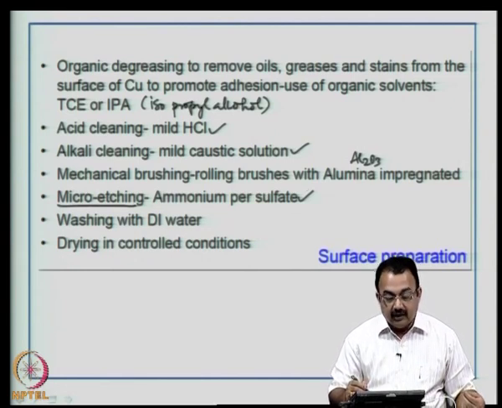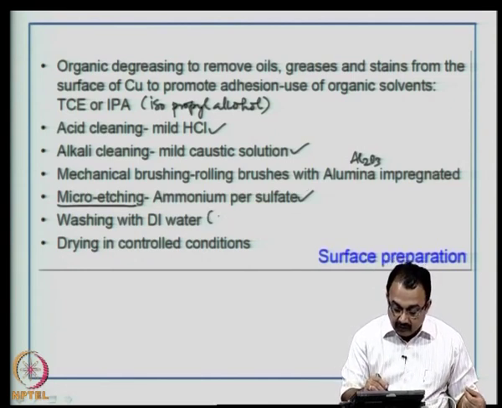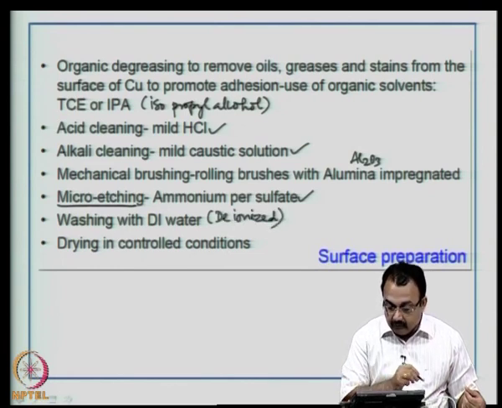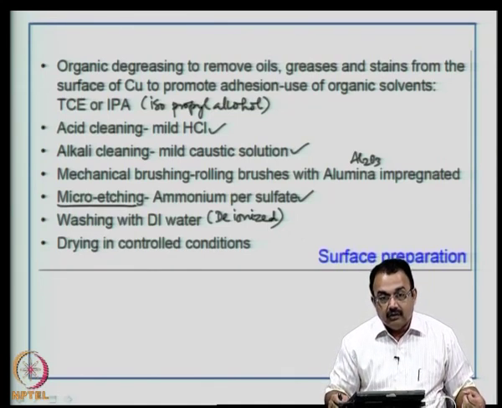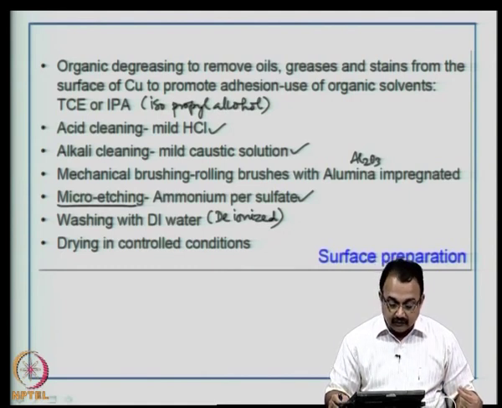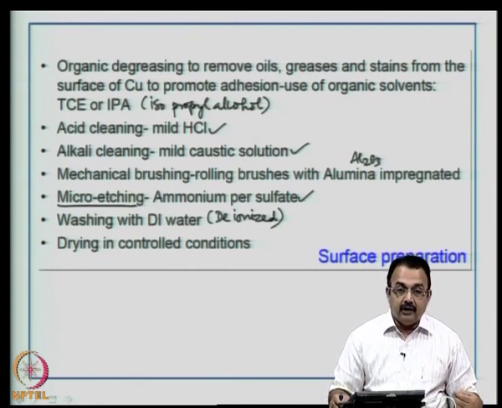Washing then with deionized water. DI water is known as deionized water. There are no ions except hydrogen and oxygen in this water, no salts are present. So, tap water contains a lot of dissolved salts. So, you have to treat it to get DI water, and finally, drying in controlled conditions.